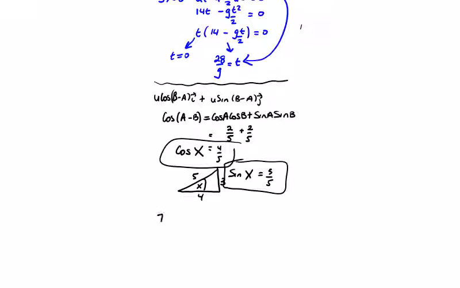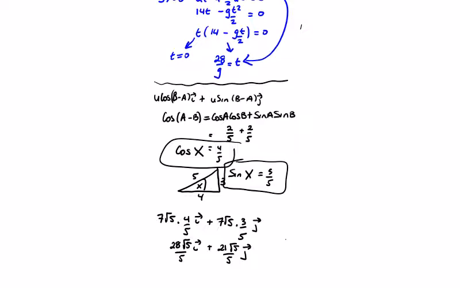So 7 root 5 times 4 over 5 in the I direction, plus 7 root 5 times 3 over 5 in the j direction. That's going to give 28 root 5 over 5 in the I direction, plus 21 root 5 over 5 in the j direction.